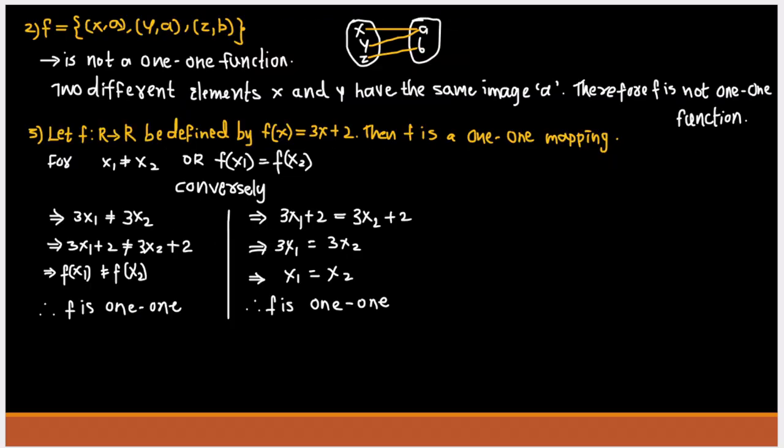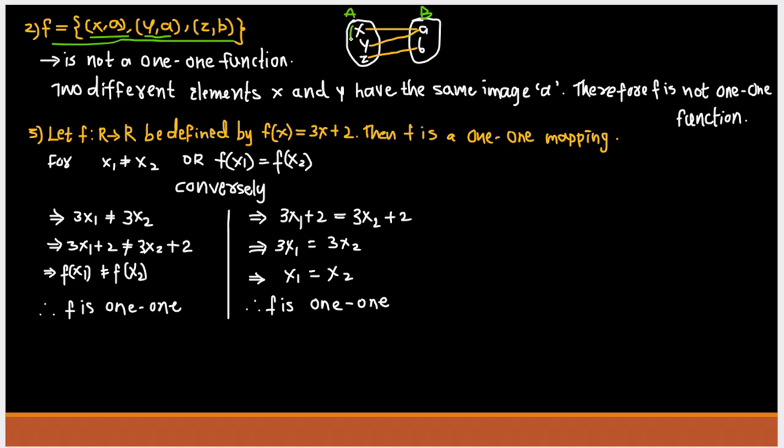Let's see another example. Here f is equal to {(x, a), (y, a), (z, b)}. The elements in the set A are x, y, z, and in the set B are a, b. From the coordinates, x is mapped to a, y is also mapped to a, and z is mapped to b.